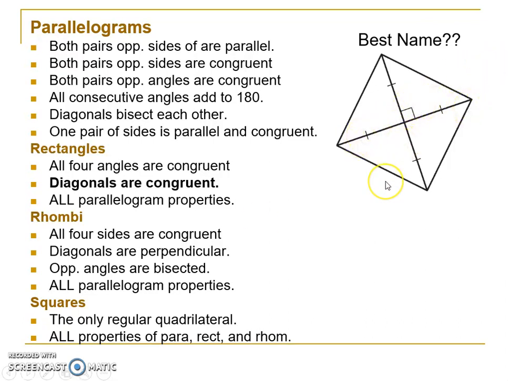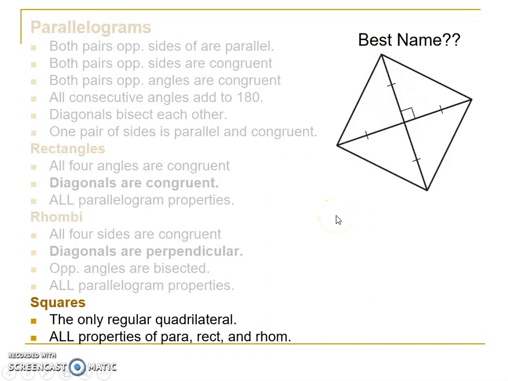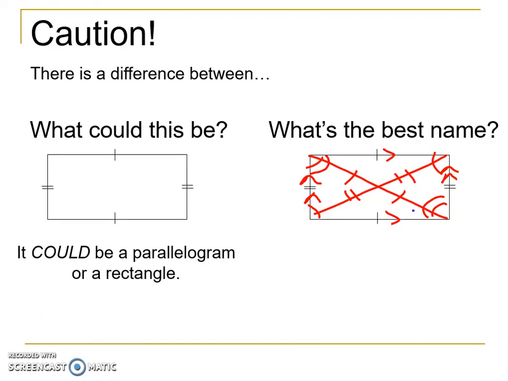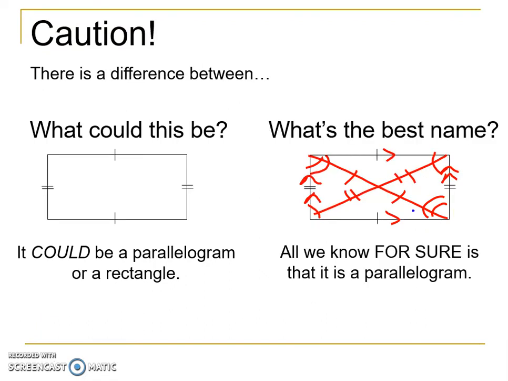They show that. What else do they show? Diagonals are perpendicular. So is it a rectangle or a rhombus? Neither. It is actually a square. As you can tell, it is a regular quadrilateral. All sides are equal. All angles are congruent. So caution, there's a difference between what this could be and what is the best name.